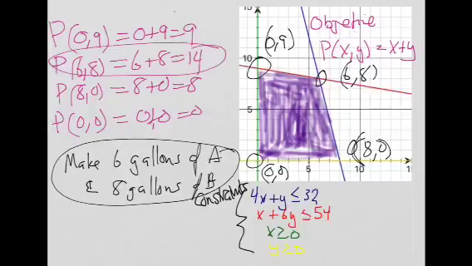Explain what your answer means. Don't just give the coordinate or the maximum. I want to know what you make of each, so that tells you what to make of each.